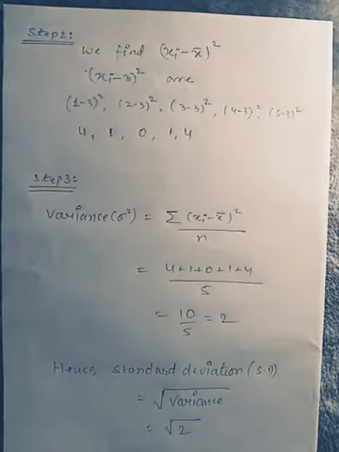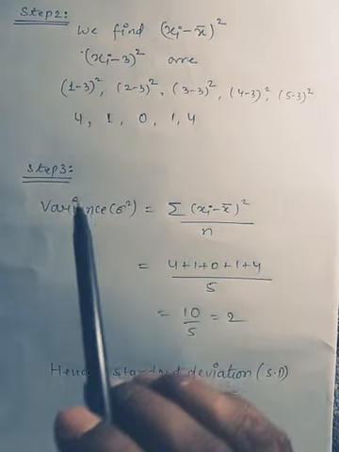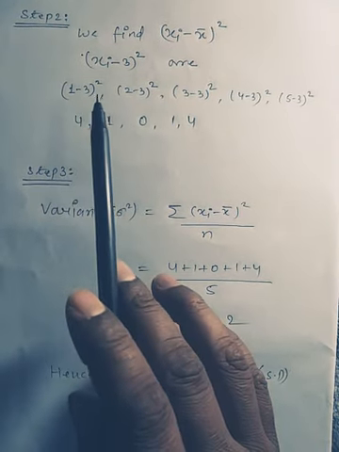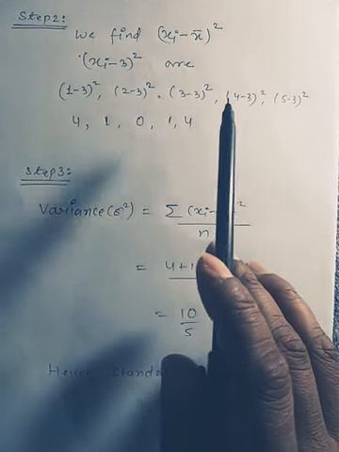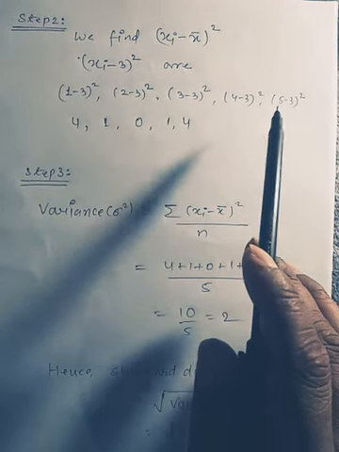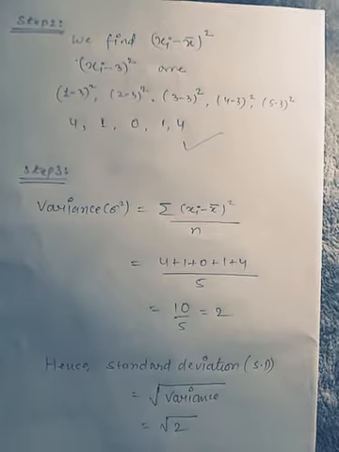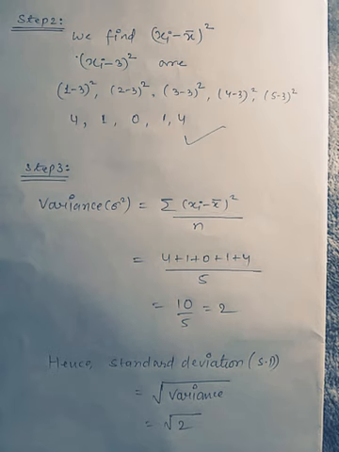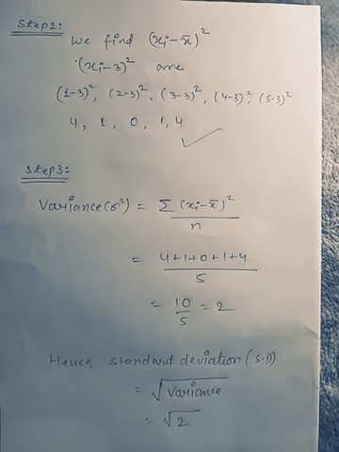So xi minus 3 whole squares are 1 minus 3 whole square, 2 minus 3 whole square, 3 minus 3 whole square, 4 minus 3 whole square, 5 minus 3 whole square. After simplify, we get these are 4, 1, 0, 1, 4 respectively.